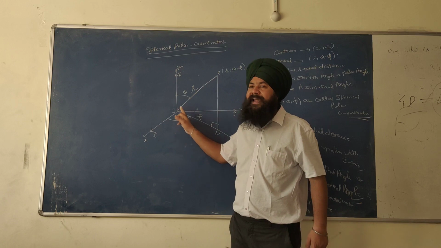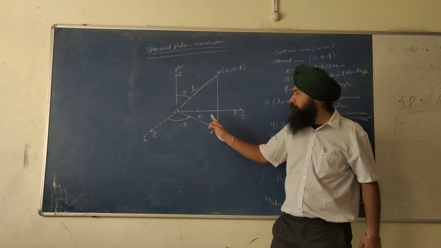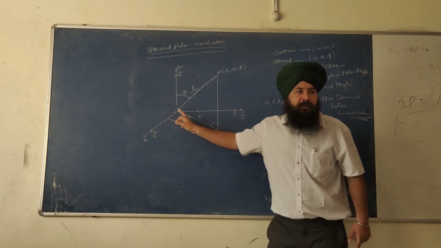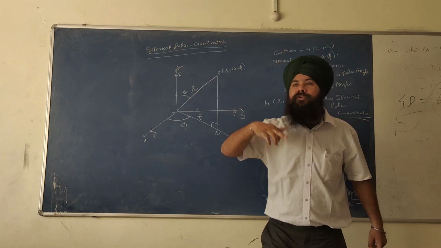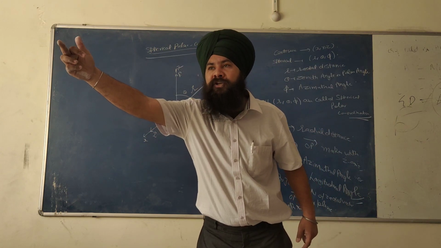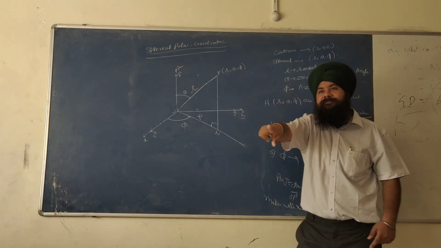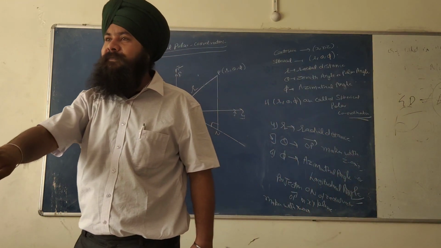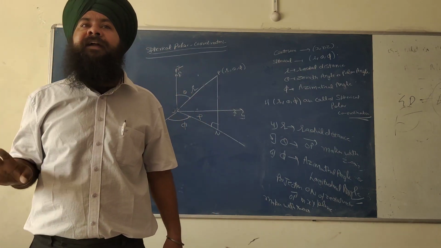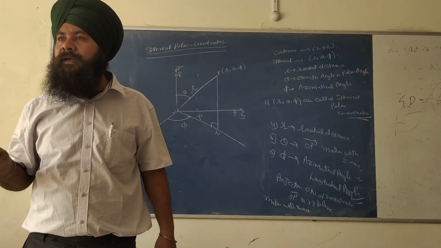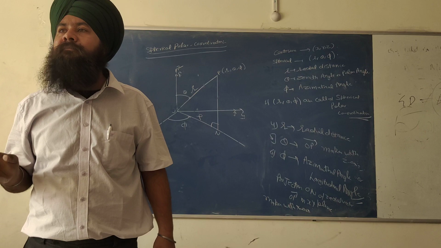Phi is the angle between x-axis and ON. And ON is the projection of OP in XY plane. अभी complete है सारा. समझ आया? Whenever you want to take a projection, please drop a perpendicular.